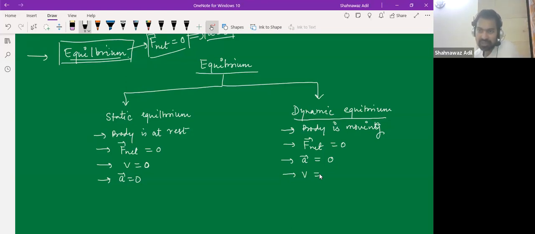Yes, sir, when the speed is constant. Good, so V was constant. If V is constant, then our acceleration is zero. So at dynamic equilibrium, the body is moving with some constant speed. Understood, everyone? Good, please note it down.